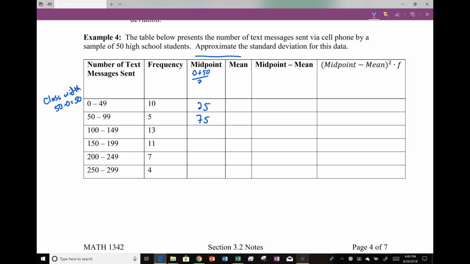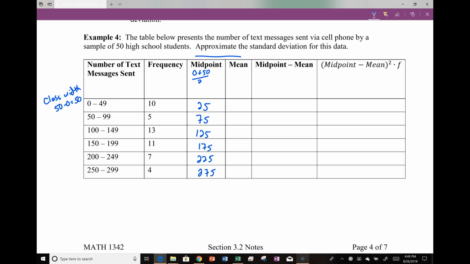And you'll notice the difference here is 50, same as our class width. So I have 25, add 50, 75, add 50, and I get 125. Add 50, I get 175. Add 50, I get 225. Add another 50, and I get 275.